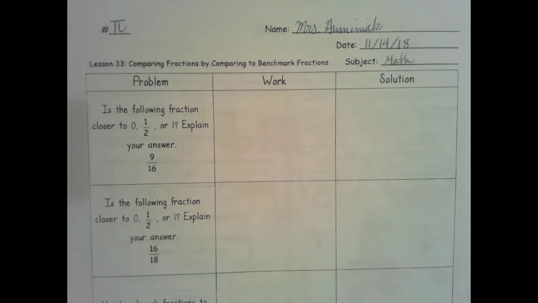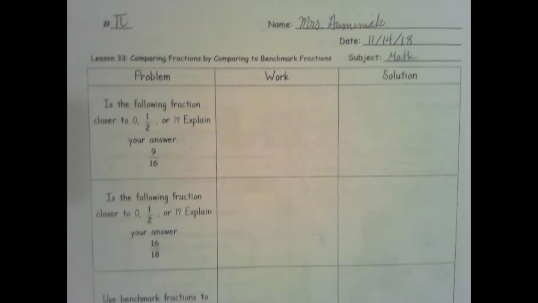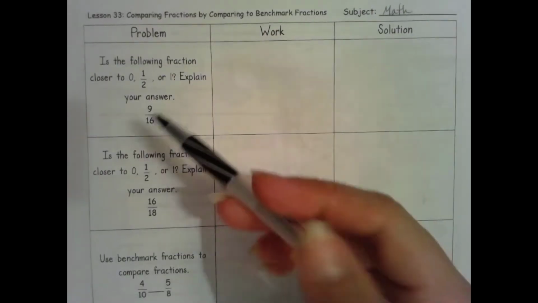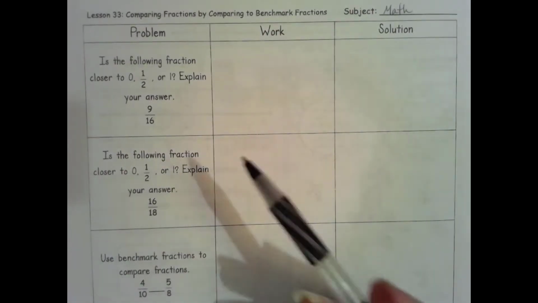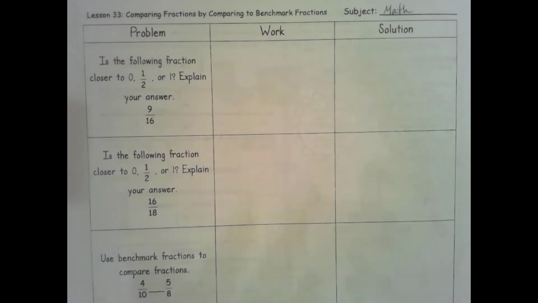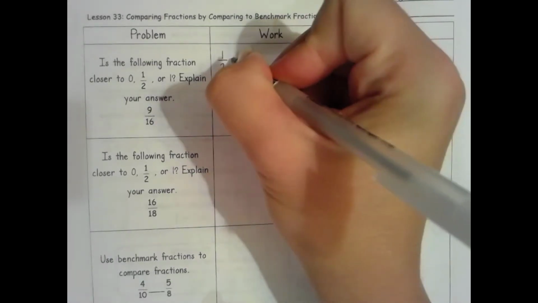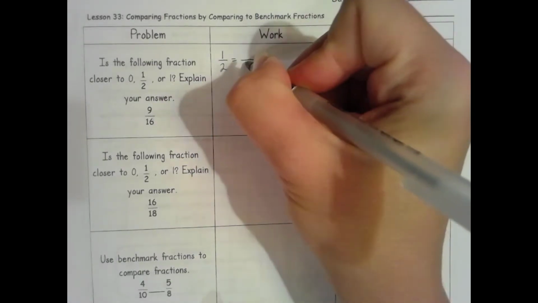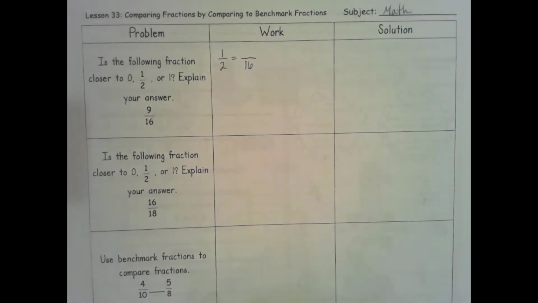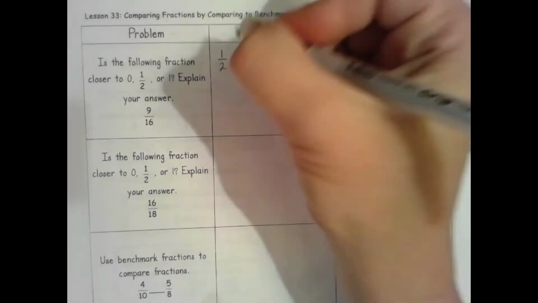All right, so here we're looking at our benchmark fractions. Our first question, we're looking at 9/16, and we just want to say, is it closer to 0, 1/2, or 1? Well, for 1/2 to be equivalent with a denominator of 16, half of 16 is 8.